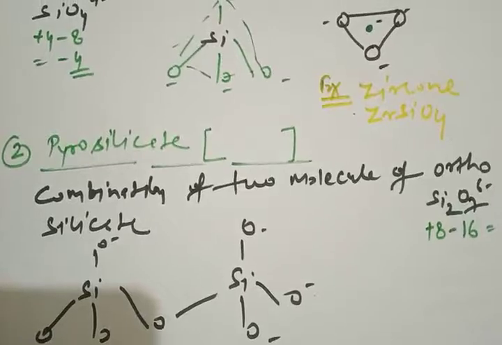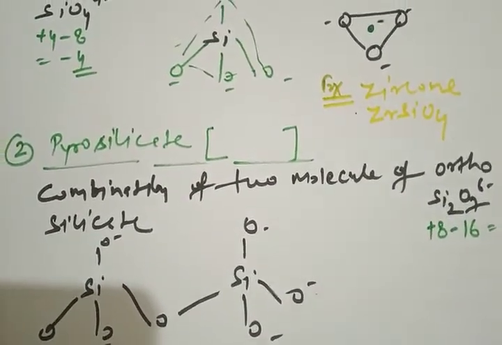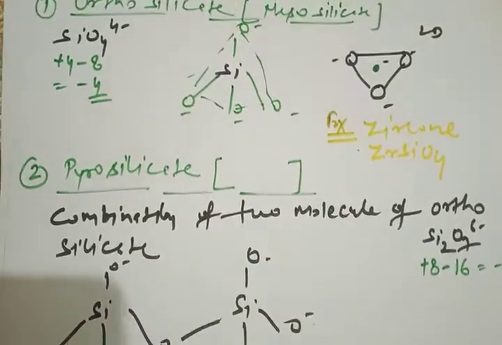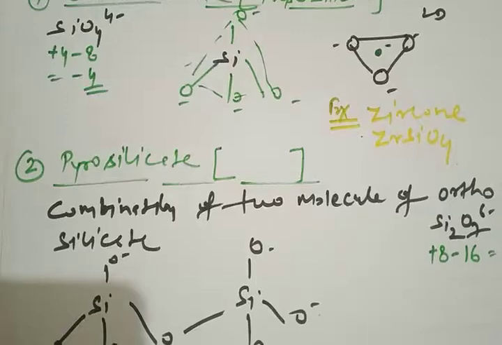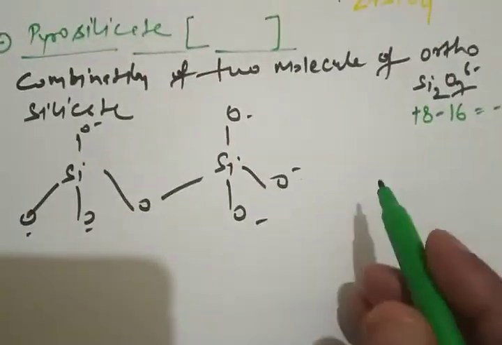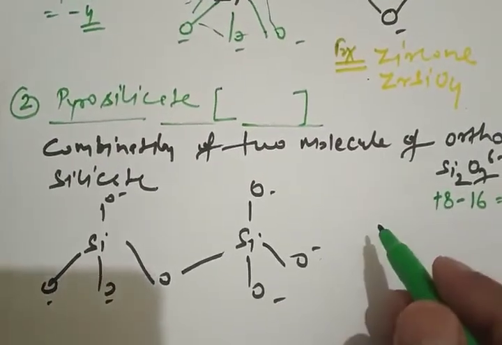Okay, so how will the 2D structure be drawn? The 2D structure of this silicate may look like this.